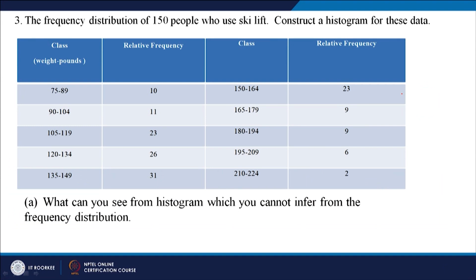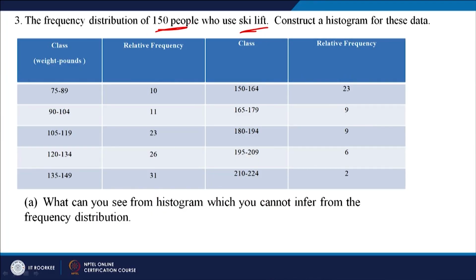The frequency distribution of 150 people who use Skylift. A person has collected data of 150 people who are using Skylift, and he collected data about their weights. So, the weights of different people, 150 people. You have to construct a histogram for this data, that is the first point. Second is, what can you see from the histogram which you cannot infer from the frequency distribution.